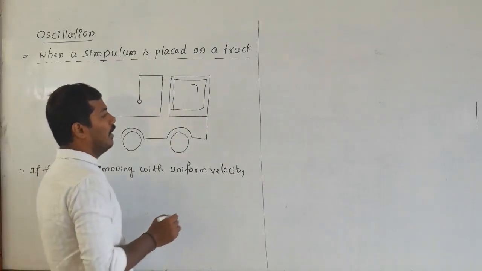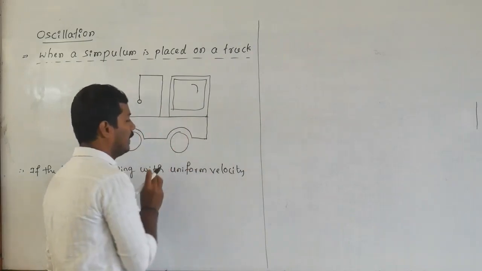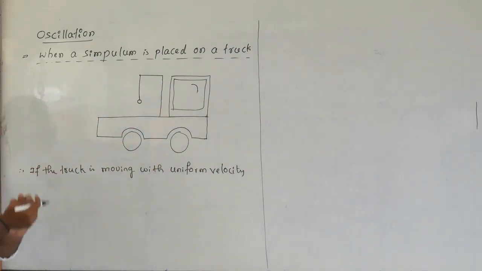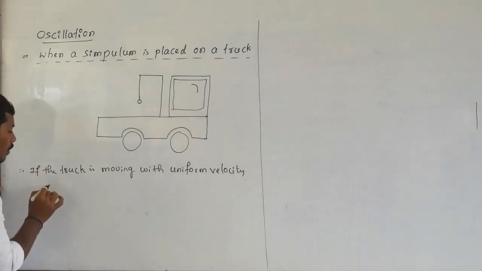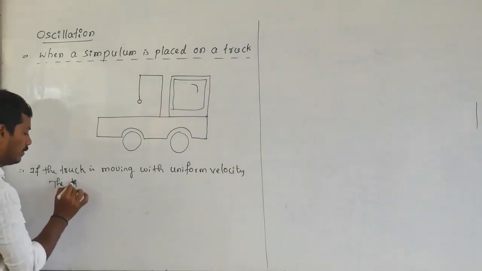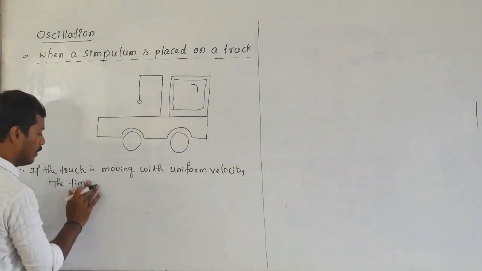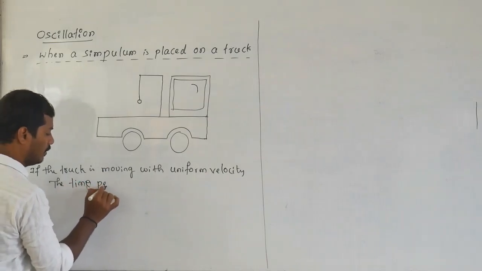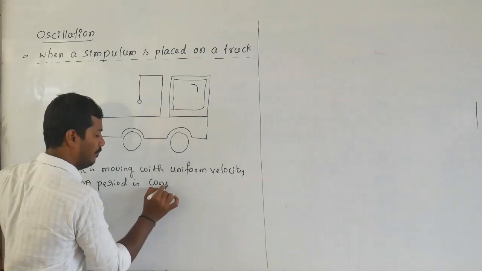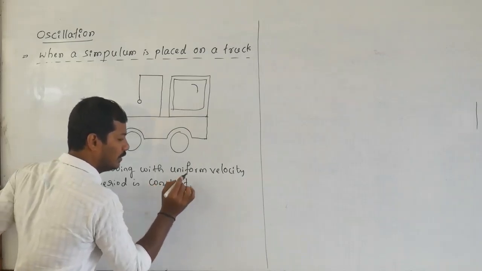If the acceleration is 0, what is the time period? The time period is always constant. Why is it constant?